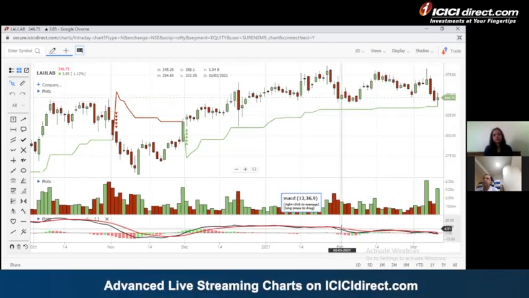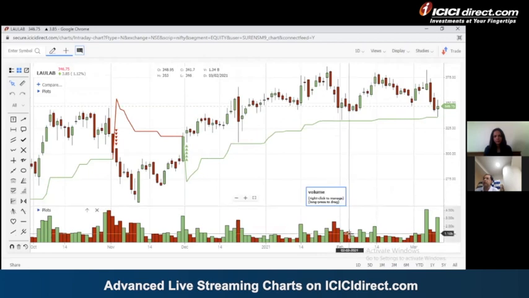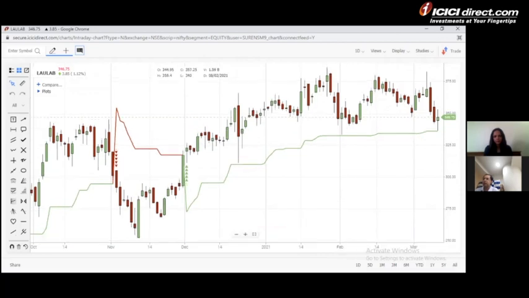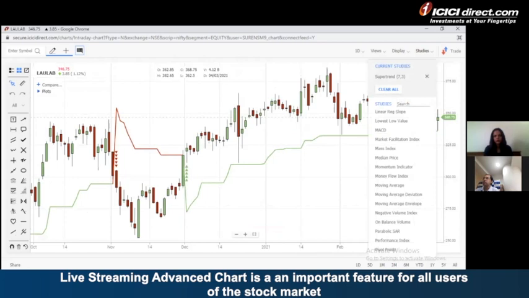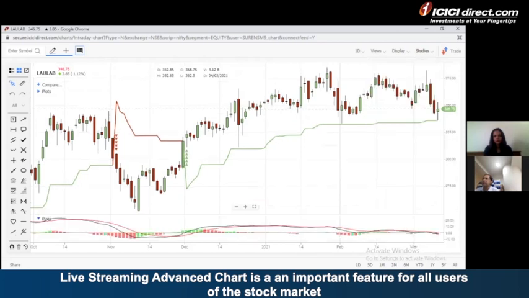Moving average is the most simple phenomenon which we use in our day-to-day activity. I would like to remove the volume and just show only the moving average. Just go to studies, go to MACD now.